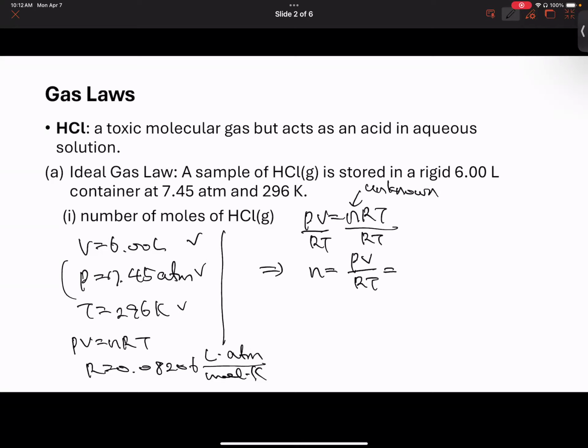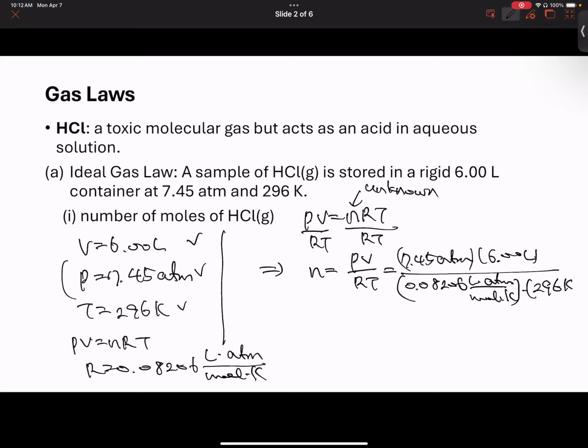Then we are ready to plug in everything. So it is 7.45 atm multiplied by volume 6.00 liters and divided by 0.08206 liter atm per mole K, and times temperature 296 Kelvin. Then atm cancels out, liter cancels out, Kelvin cancels out.